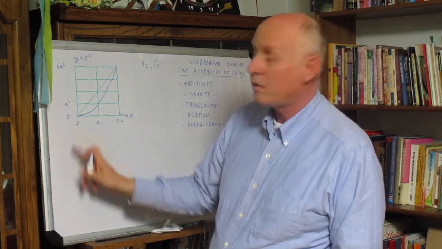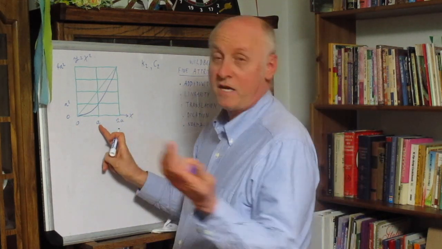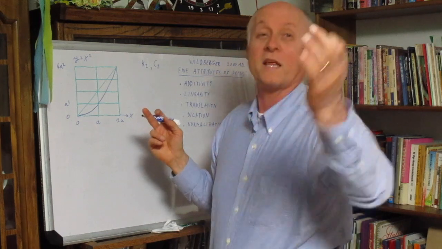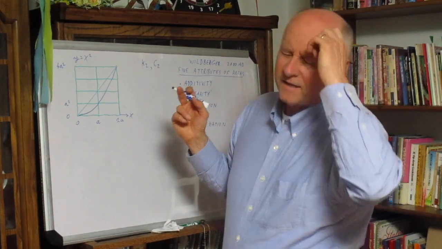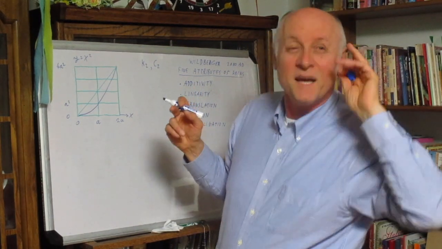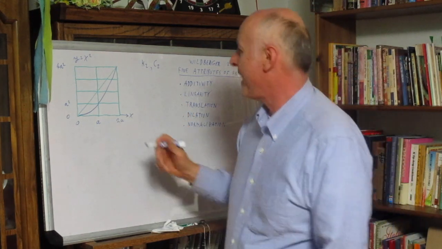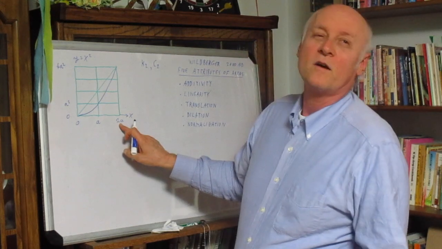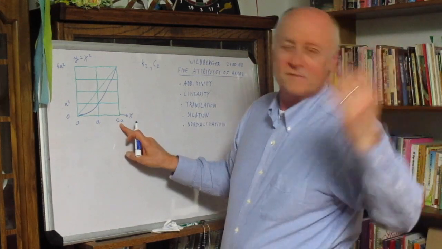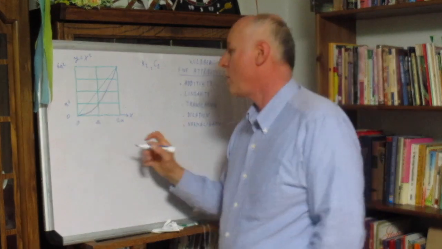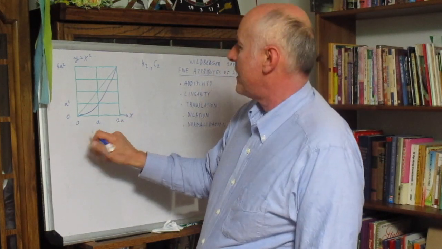Here's 0. Here's A. Pick a number. 50. 50 it is, and stick with it, okay? So what's 2A? That'll be 100.